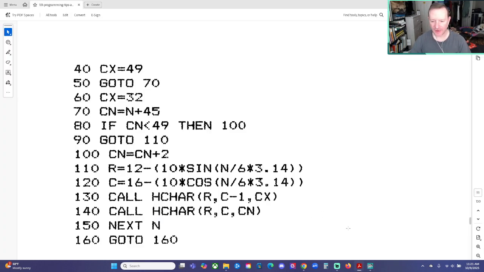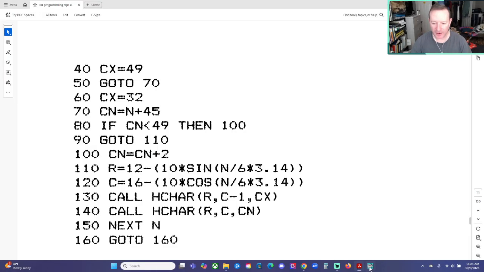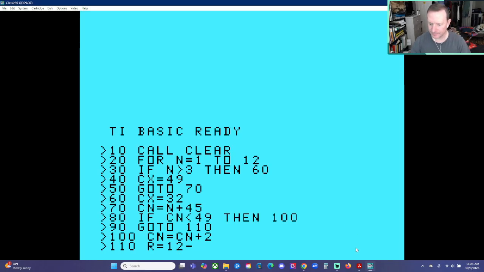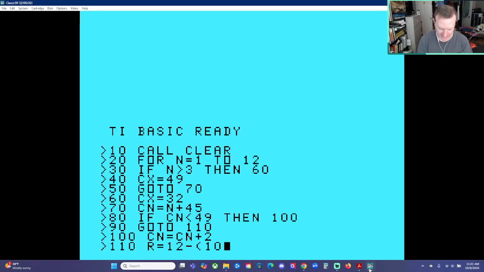110. Okay, we've got quite a bit of math here, so we've got to type this carefully. R equals 12 minus, parenthesis, 10 times the sine. Finally get a little trigonometry here.